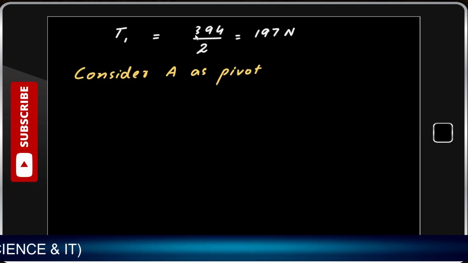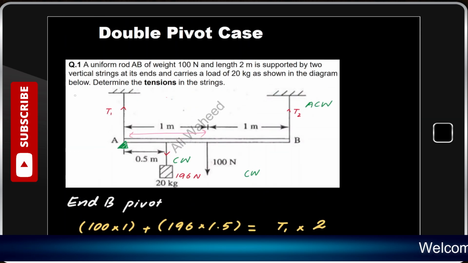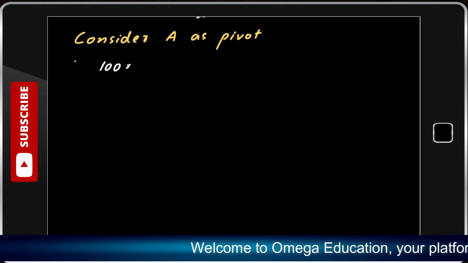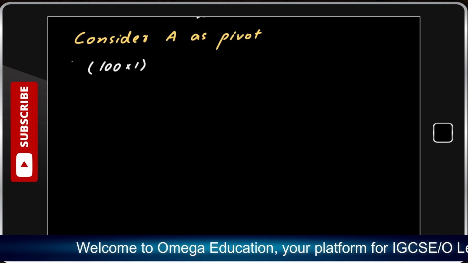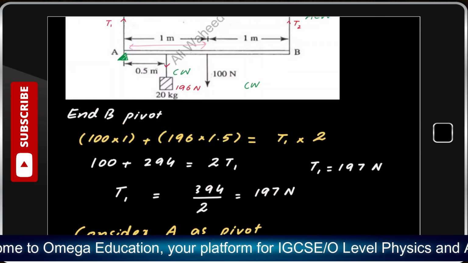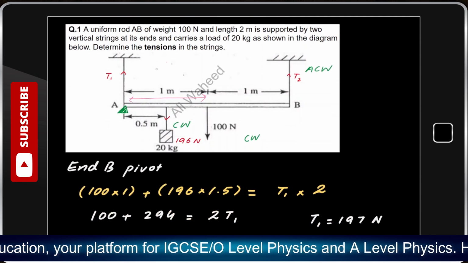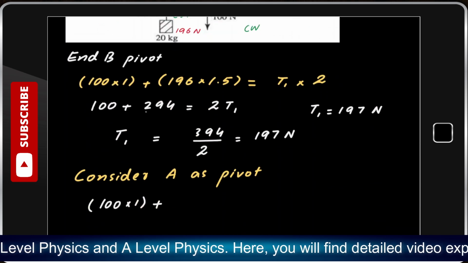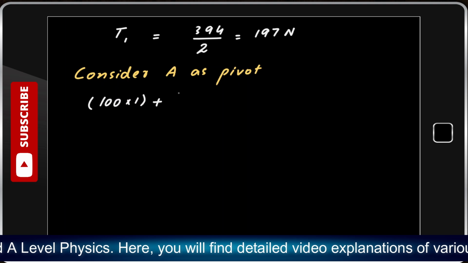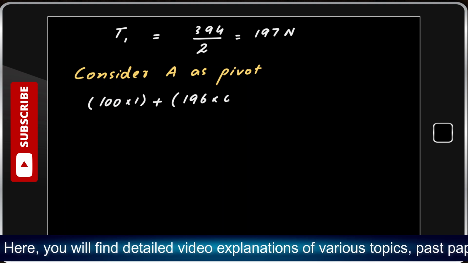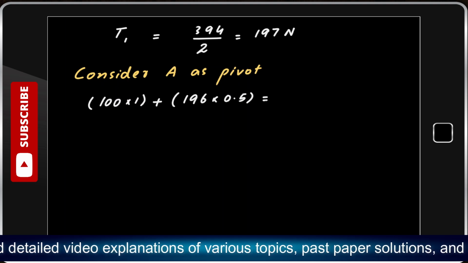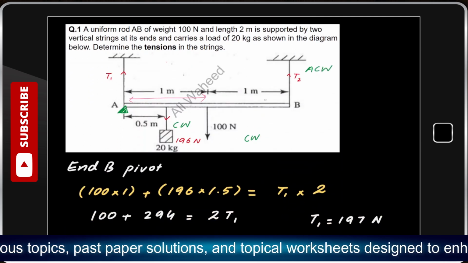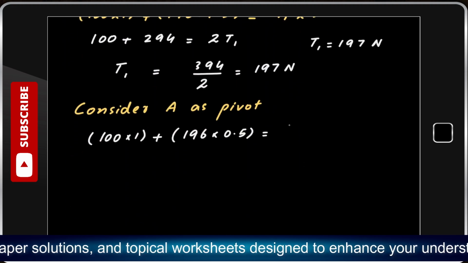So the expression would be: clockwise, first 100 times 1, plus the other one would be 196 times 0.5, because the perpendicular distance of that force is 0.5 from the pivot A. Equals, what do we have anti-clockwise? Only a single force, which is T2. So T2 times 2 meters.